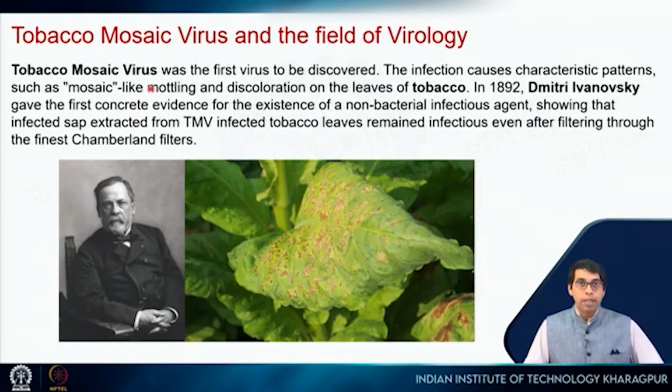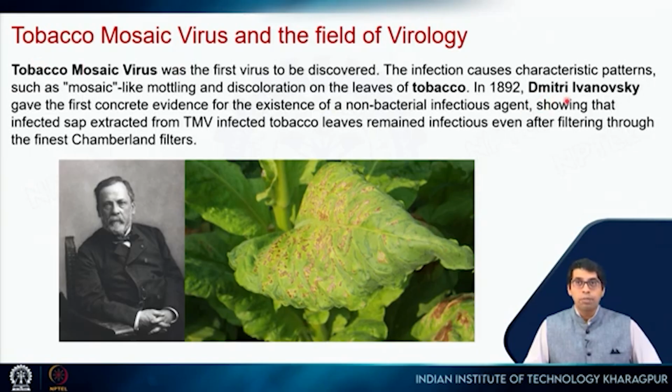Tobacco mosaic virus turns out to be the first virus to be discovered. The infection causes characteristic patterns such as mosaic-like mottling and discoloration on the leaves of tobacco. This is a picture of a big tobacco leaf, and infection makes it look like this. That is why it was called tobacco mosaic virus.